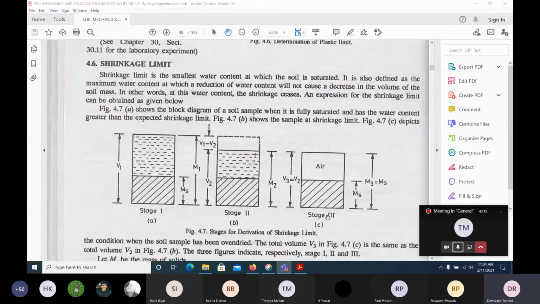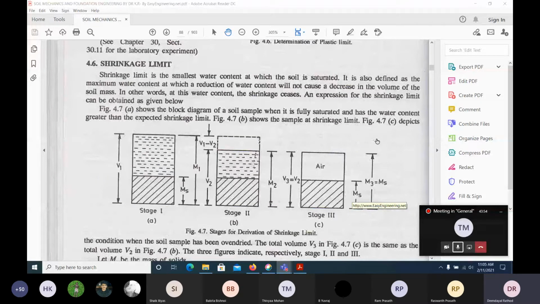Again I will dry in the third stage. Here the volume is not reducing. The same volume, V3 is equal to V2. But this is fully soil, filled with air. Here M3 equals Ms, is it not? There is no change in the solids. Instead of water, it is filled with air.